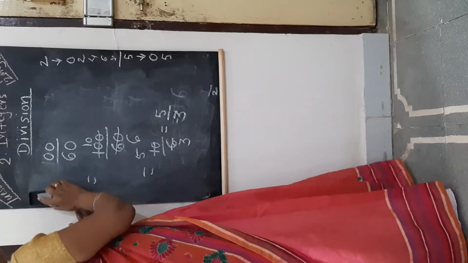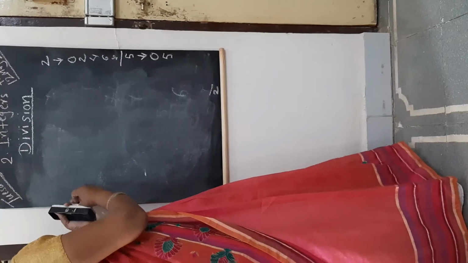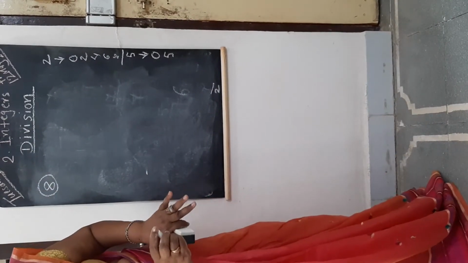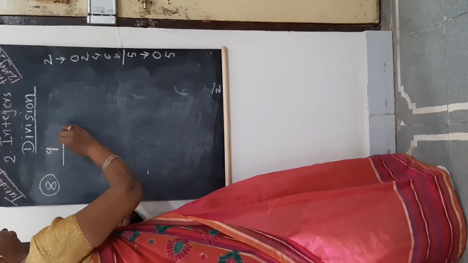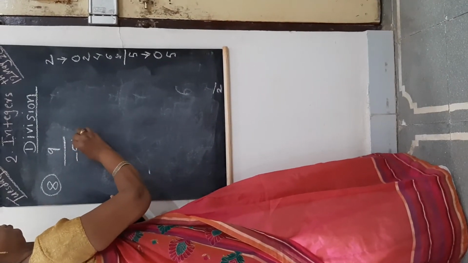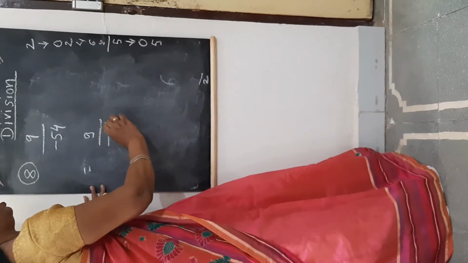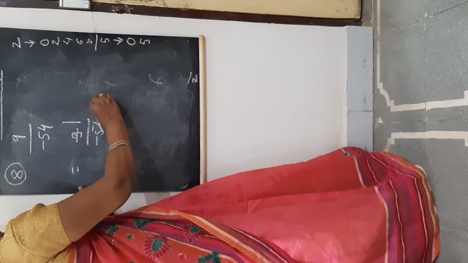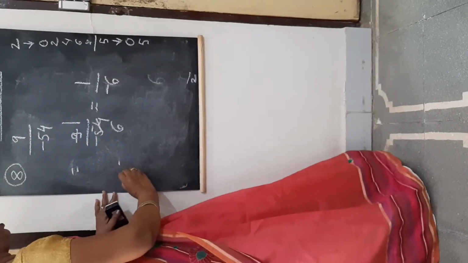Let's see the eighth example. Eighth one is 9 divided by negative 54. This is simple, from 9's table. 9 ones are 9, 9 sixes are 54. 1 upon negative 6.